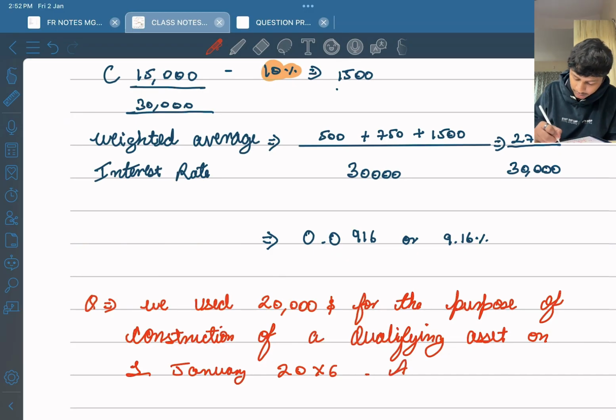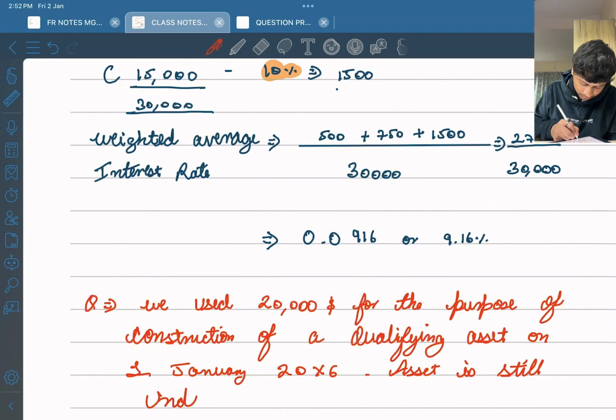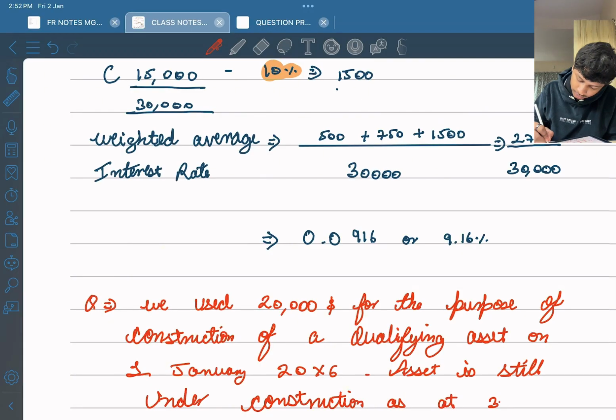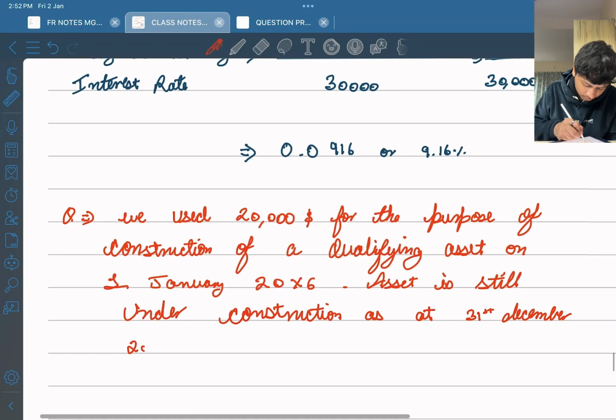The asset is still under construction as at 31st December 20x6.